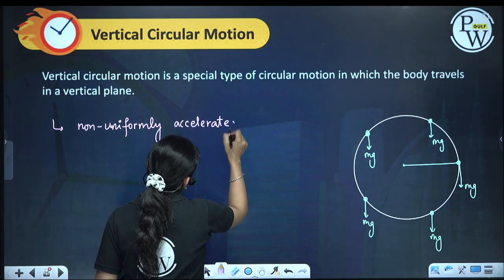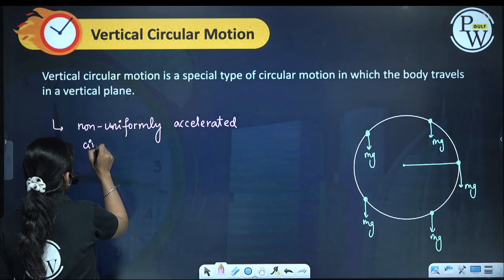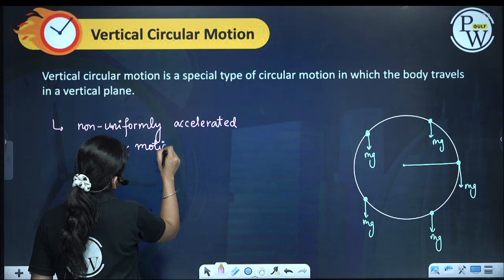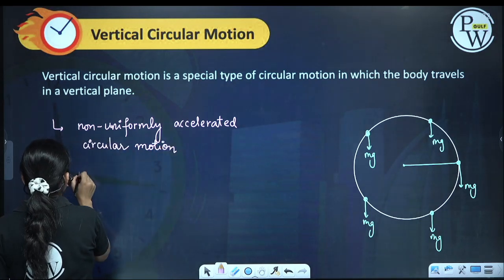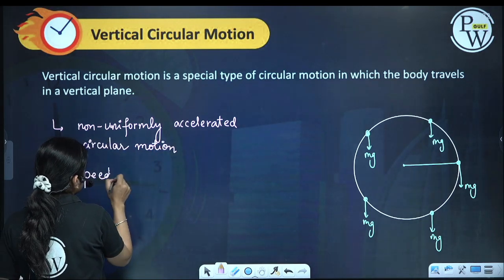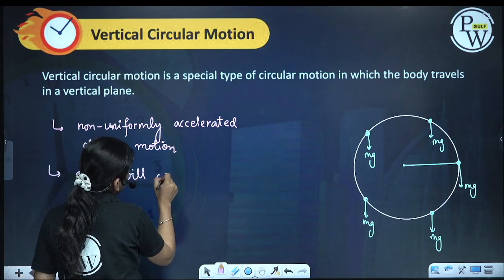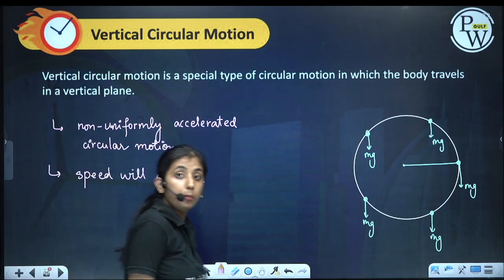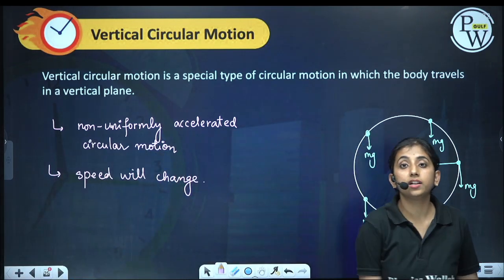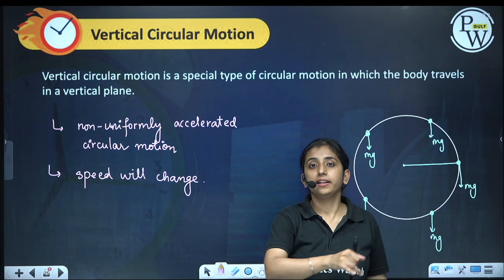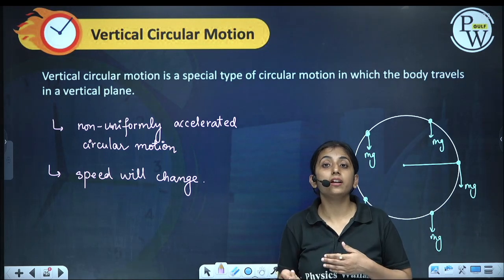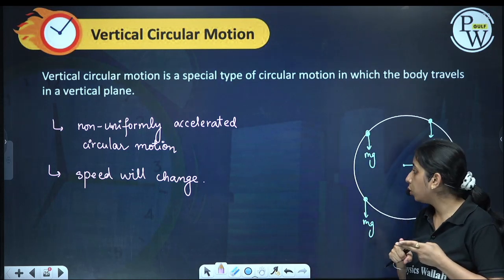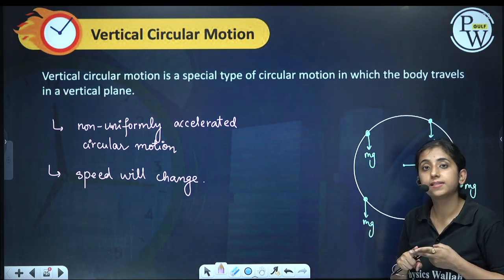Speed will change. So if we have a body rotating in a vertical plane, mg will be acting at every point, so its speed will change, tangential acceleration will be present, and it will be a non-uniformly accelerated circular motion.